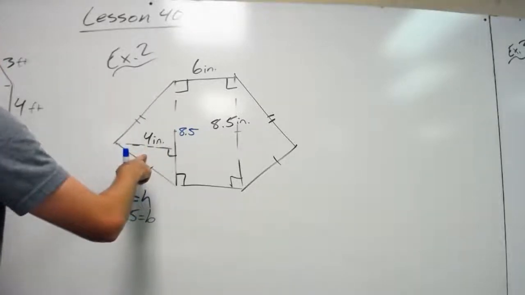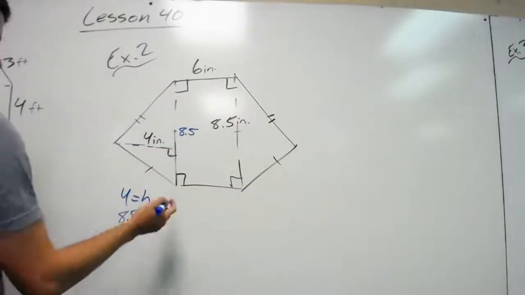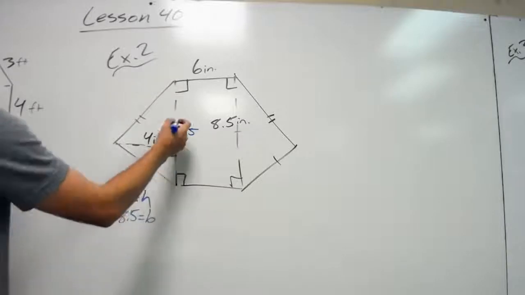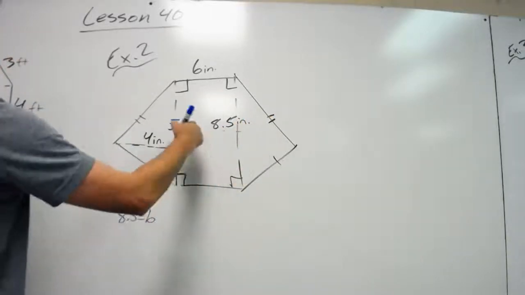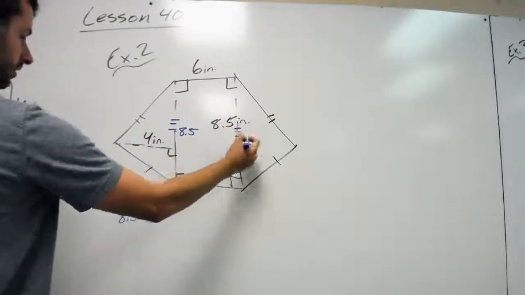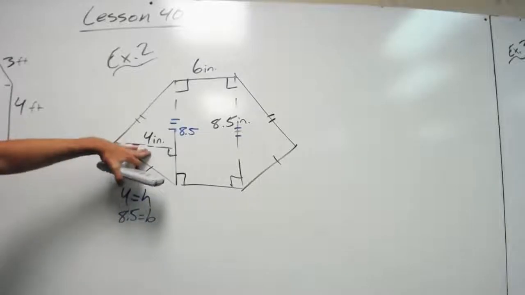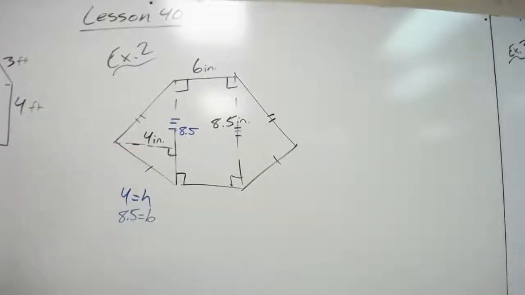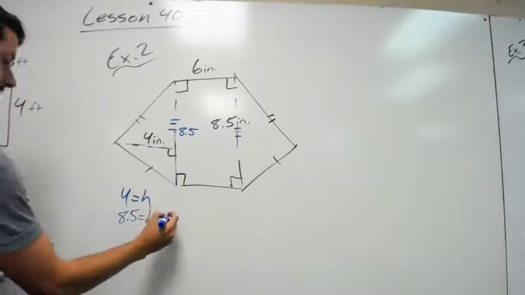So now we can find the area of this triangle. Now notice these two triangles are congruent because of side, side, side. Because these two sides are congruent, and we already know that 8.5 is here, we know that side, side, side congruency. Once we find the area of this triangle, we can just multiply it by 2 because it's also the area of this triangle. They're the same. So I plug this into our formula.